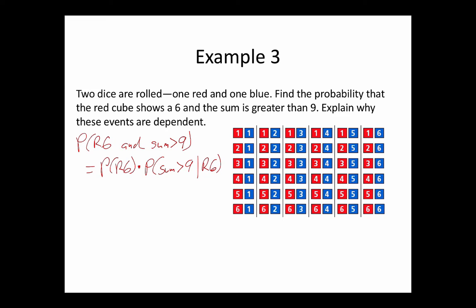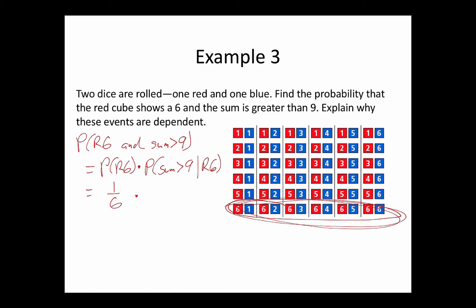Now, starting off with this, looking at this graph here, the red 6s, that's all these down here. There are 6 of them out of all 36 options. So we're going to say it's 6 out of 36, or 1/6 chance. Now, the probability that the sum is greater than 9, assuming we already have a red 6, means we're only really paying attention to these numbers down here.